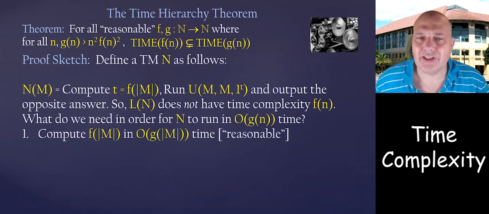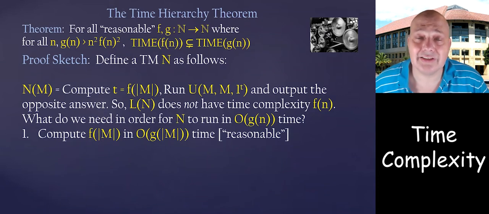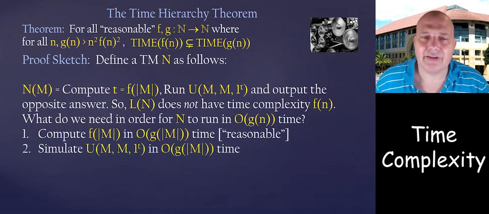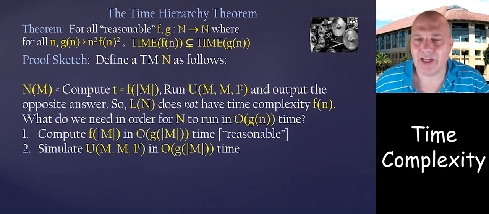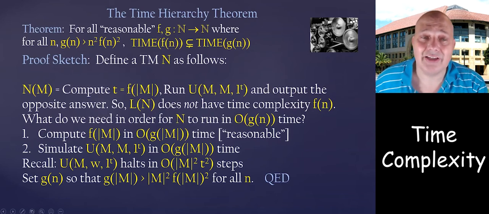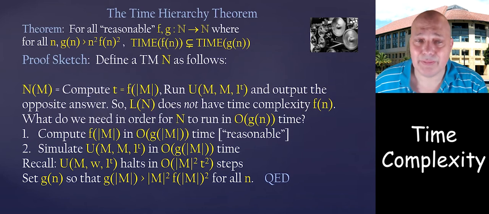Computing f of m in order of g of m time is easy, and this is a very weak notion of being reasonable. Simulating u of m, m1 to the t in order of g of m time, this is just what the universal Turing machine with the clock does. This is the theorem we had: U of m w1 to the t halts in order of m squared t squared steps.